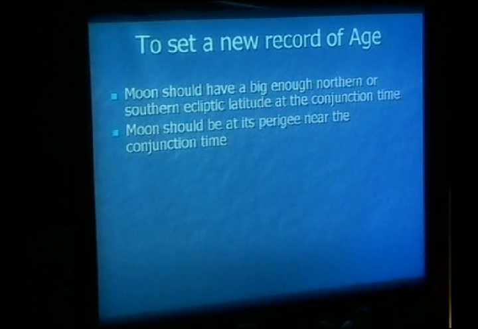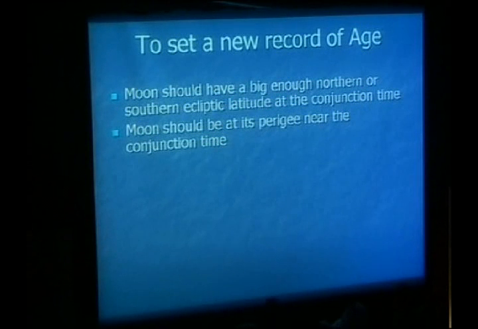It should start from 0 and reach 5.7, for example. If we accept the Danjon limit, it should reach 7.5 degrees. But if it has a big enough southern or northern ecliptic latitude, it can reach the Danjon limit sooner.